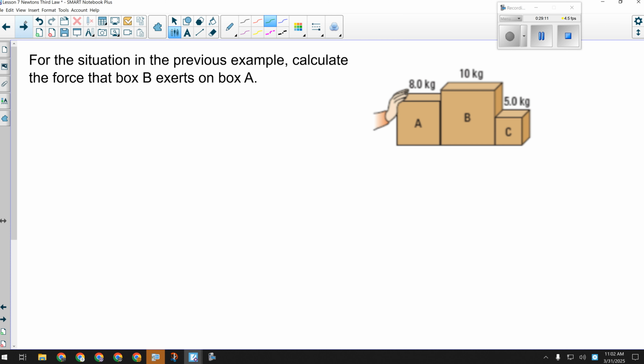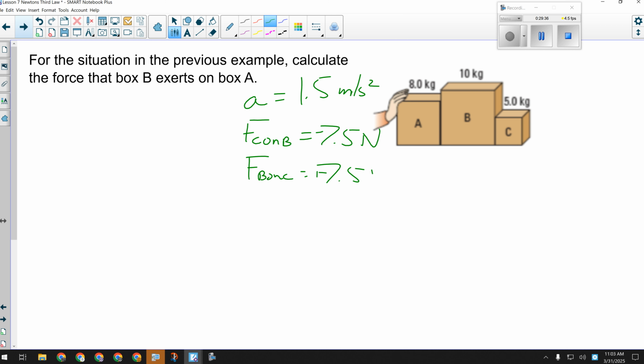Okay, so same situation. We still know that the acceleration in here is 1.5 meters per second squared, and we know the force of C on B is 7.5 newtons backwards, and we know the force of B on C is 7.5 newtons forwards.